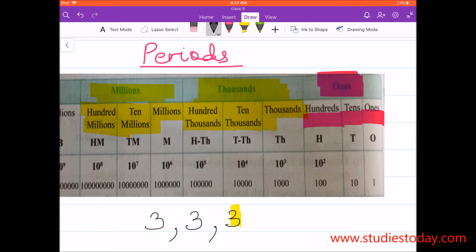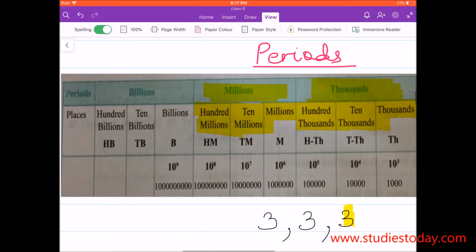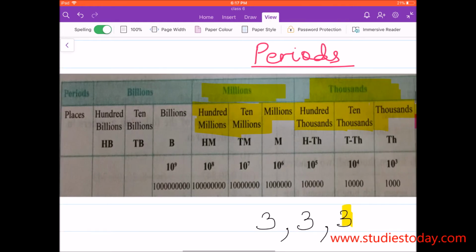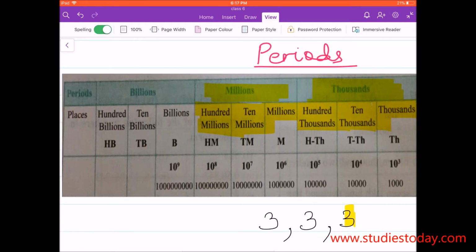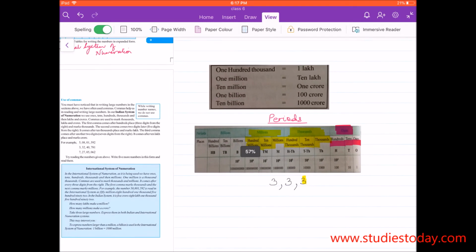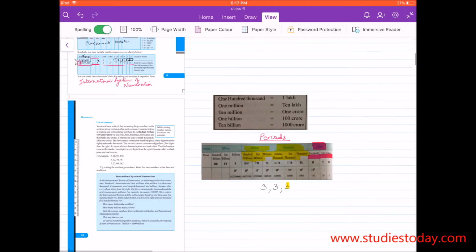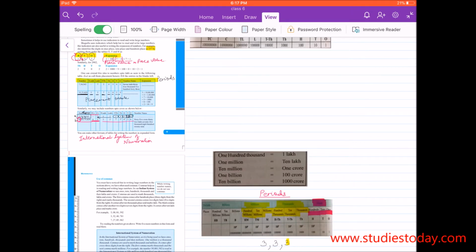Though I have more values to show, normally in our calculations we are not using billions and trillions because they become very large numbers.